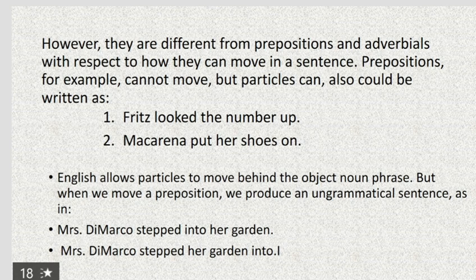However, they are different from prepositions and adverbials with respect to how they can move in a sentence. Prepositions, for example, cannot move, but particles can. Number 1 could also be written as, Fritz looked the number up. Number 2, Macarena put her shoes on.